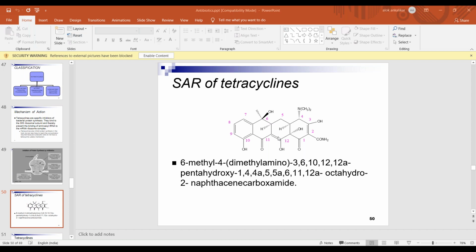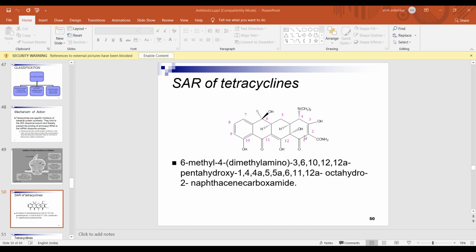You could simultaneously take down this ring system, and further, when you are revising through this class, you can note down the SAR features of this ring system. So what is required for the tetracyclines to show activity? What is mainly required is this octahydronaphthalene ring system.